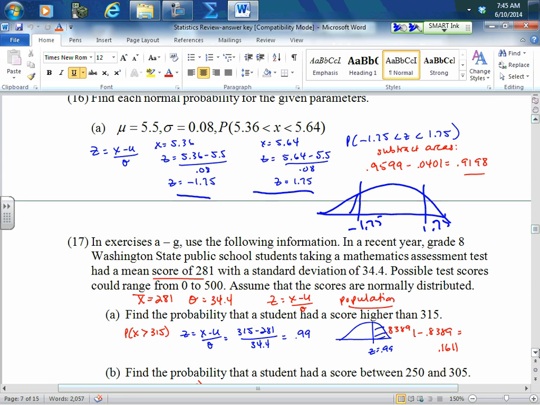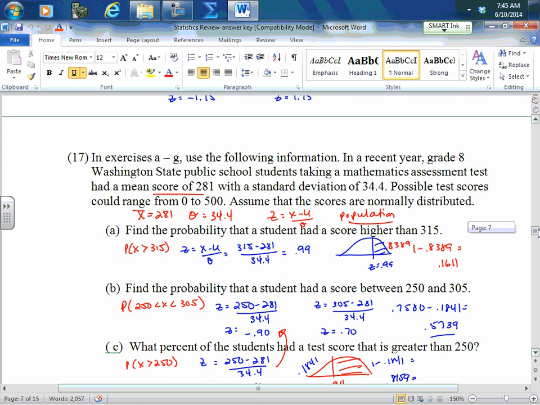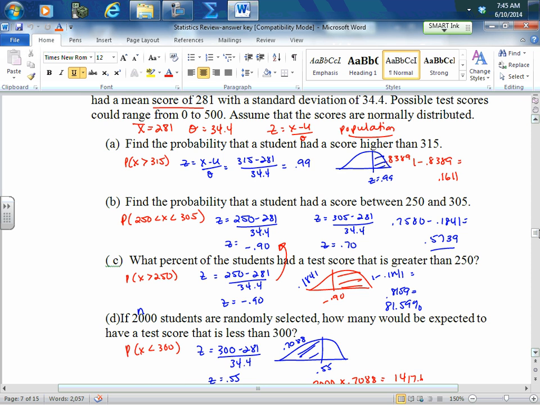You still want the area to the left, which is this guy. If you saw that this was now the positive, this is this area over here. So to get the area to the left, you could have subtracted it from 1 rather than look up on your table, or you could just look it up on your table. Use what you know about your curve. Okay?